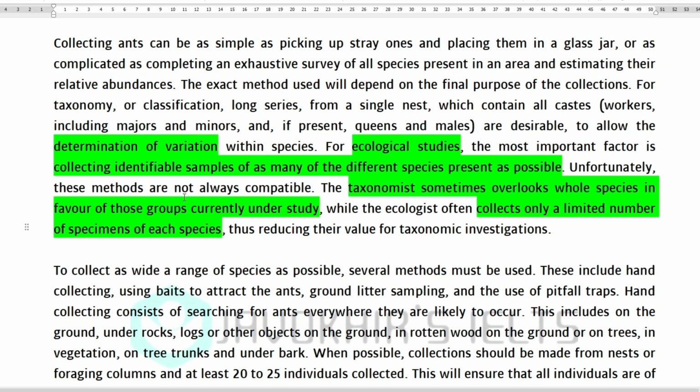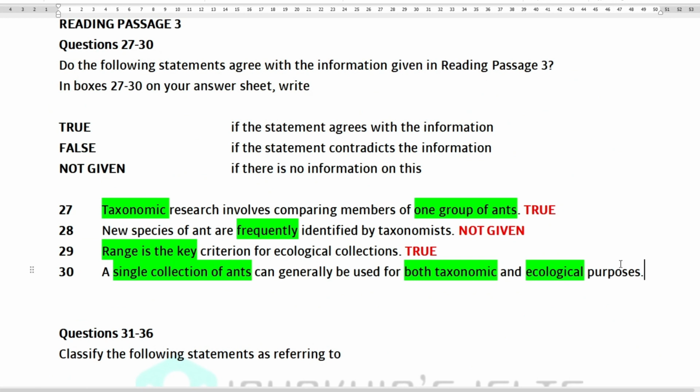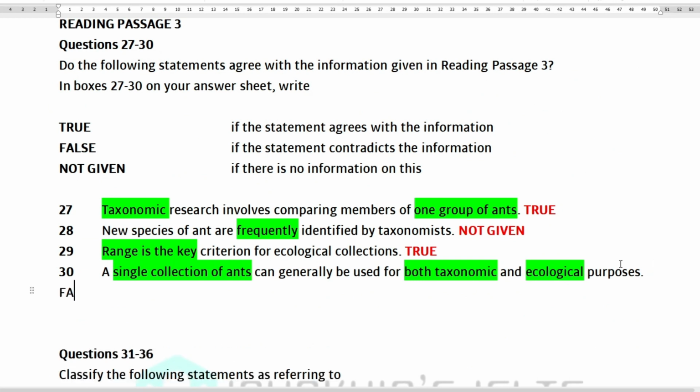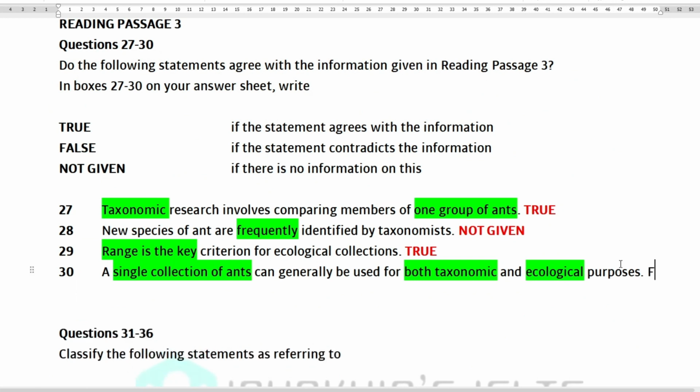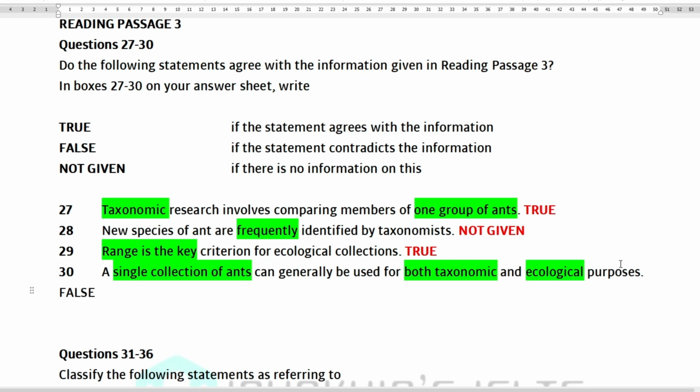That means one collection of ants cannot always be used for both purposes. They sometimes overlook, while ecologists collect only a limited number of specimens of each species. So that is going to be a false for us. I'm going to put an F here. There we go.